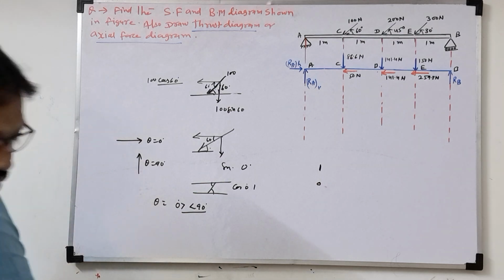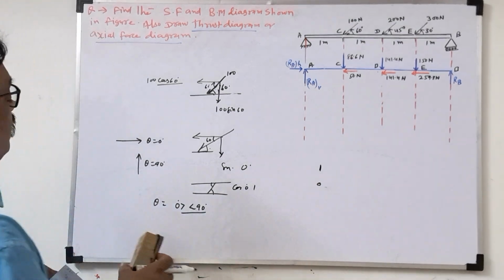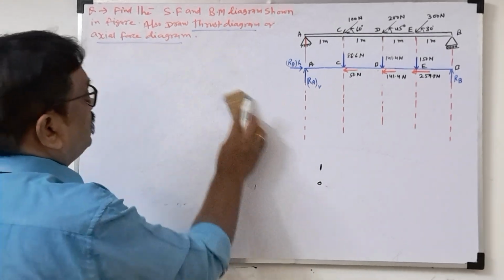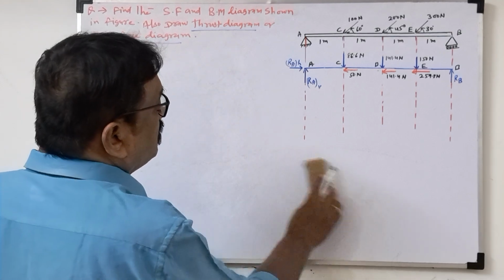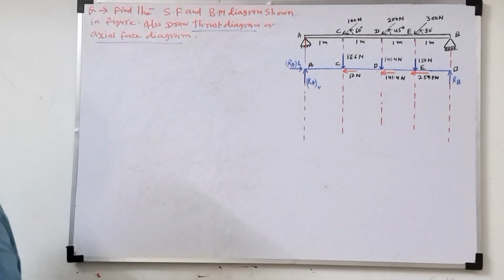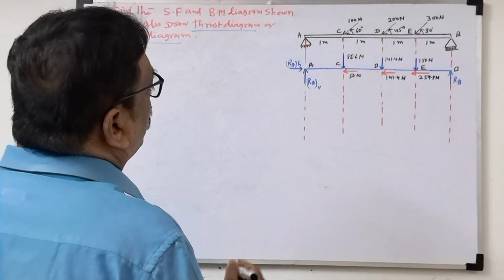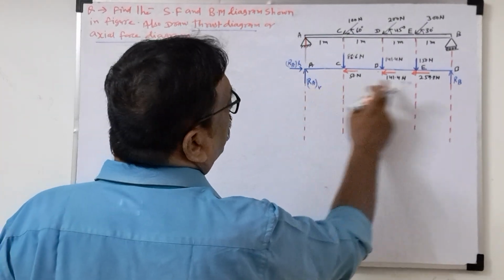Now we'll find the reaction forces. First, we resolved the forces and wrote the horizontal and vertical forces. Now, what are the equilibrium equations? We have to find RAH, RAV and RB.